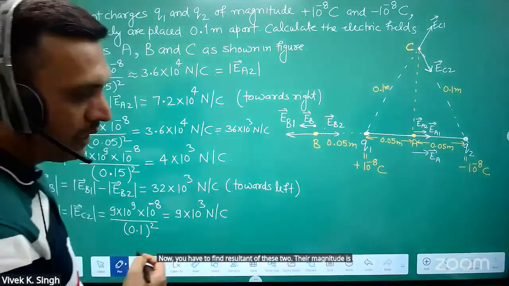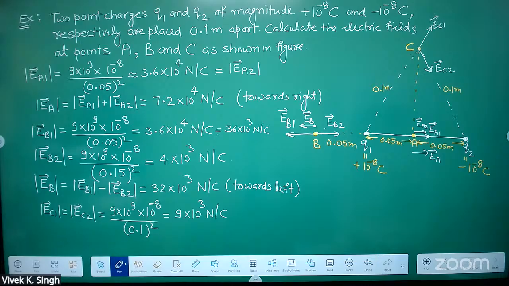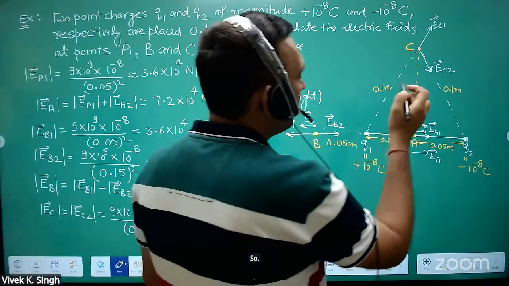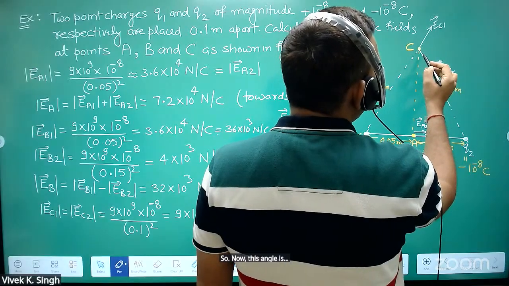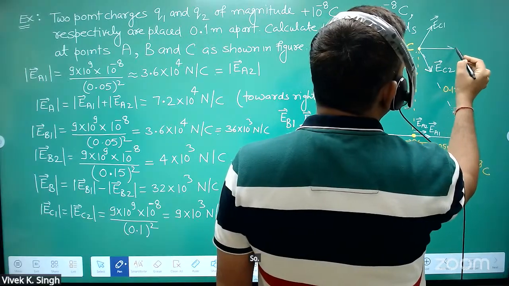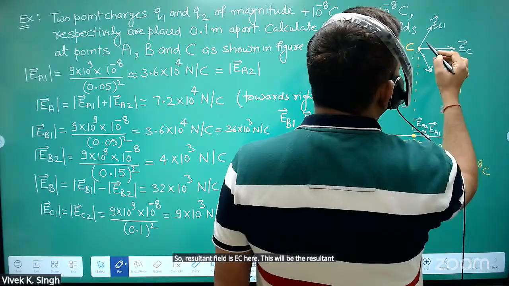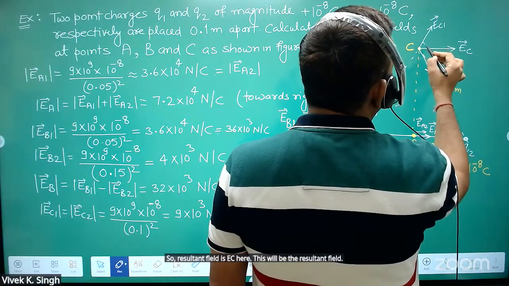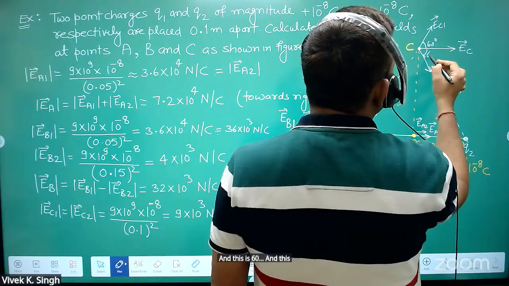So what will be their resultant? So now this angle is 60 degree. So this is 120. So the resultant field is EC here. This will be the resultant field. And this is 60 and this is also 60.